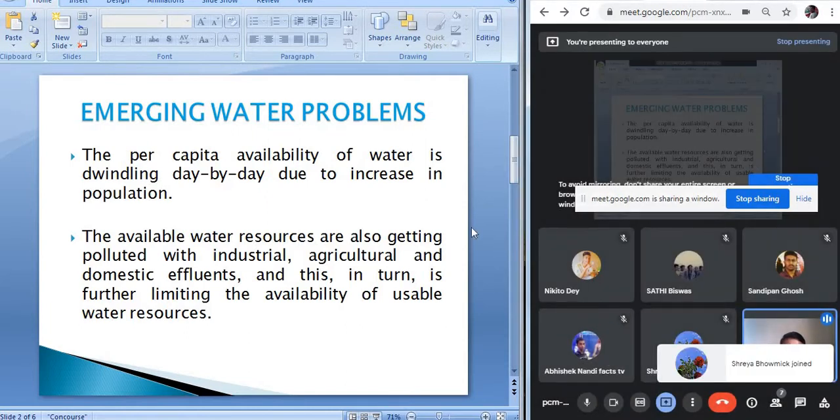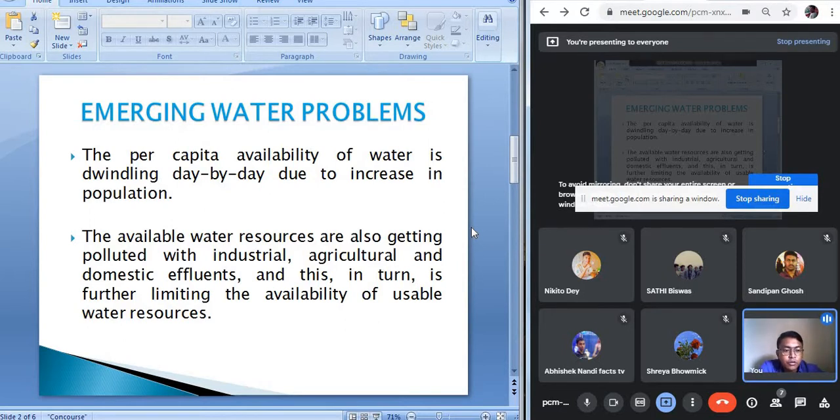At present, the per capita availability of water, that means the average amount of water available for a single person, is dwindling, meaning it is decreasing day by day. Why? Because of the increase in population.